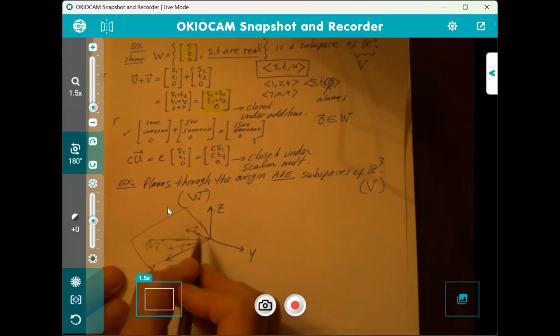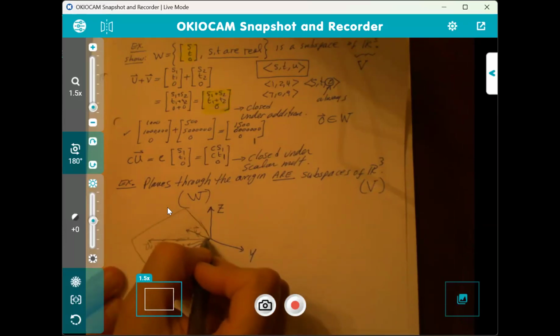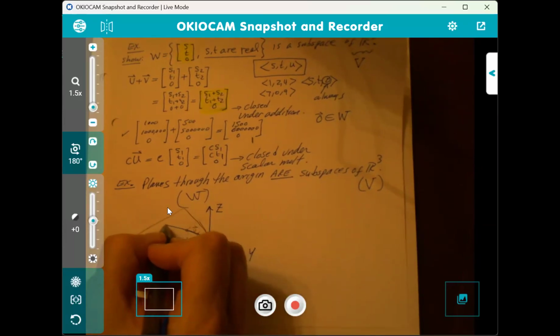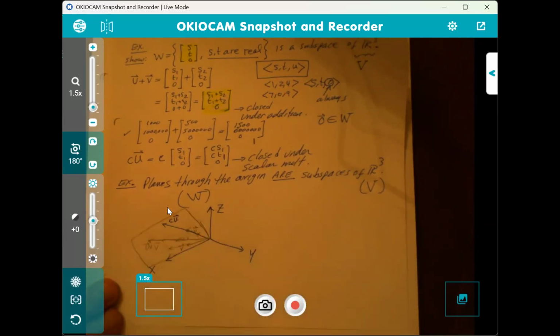Let's say CU here. If you get a scalar multiple of U, this would be CU, wouldn't it? That would be in the plane also. Now, again, you may say, well, can you make this come outside of the plane? Sure, but then I'm going to enlarge my plane. Remember, this is just zoomed in. The plane goes in all directions forever.